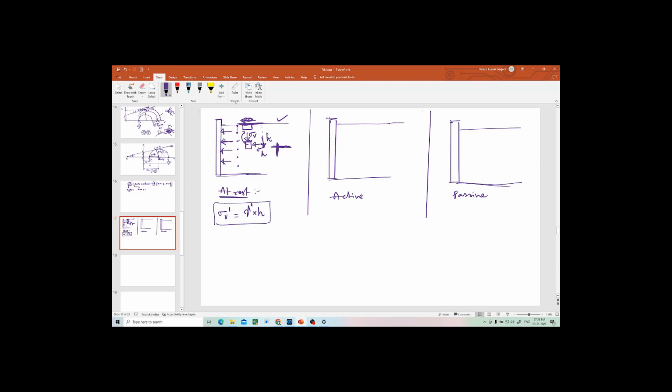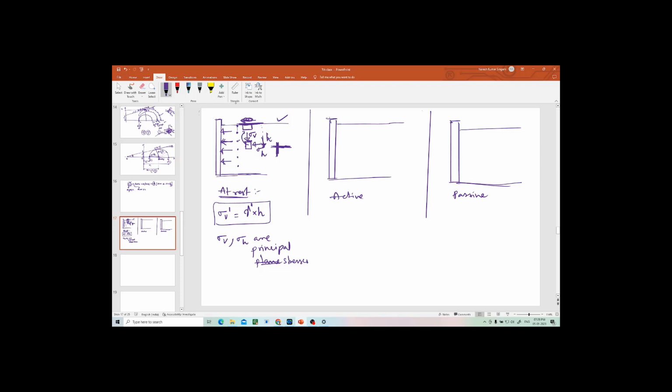So if you know one horizontal is a principal plane, automatically the vertical plane is also a principal plane. So now you understood that sigma v, sigma h are principal stresses.